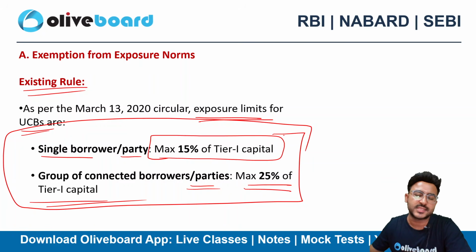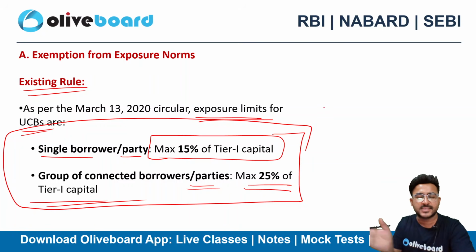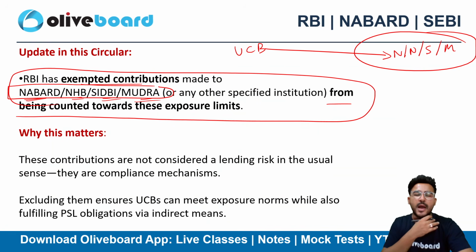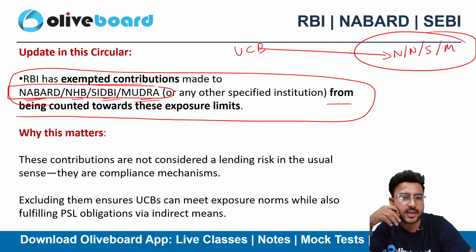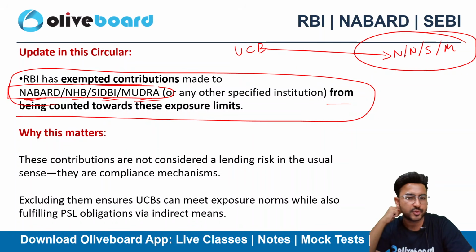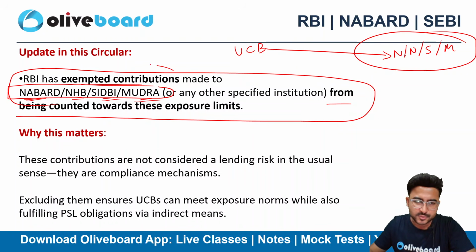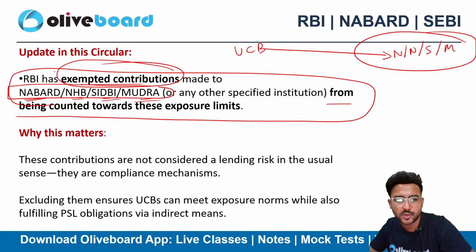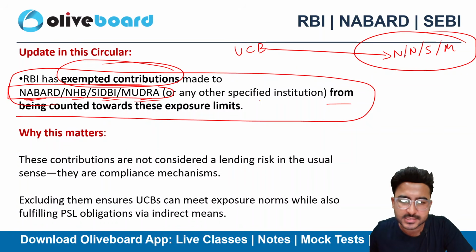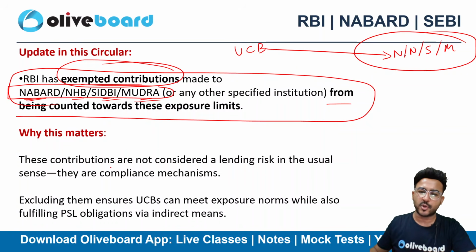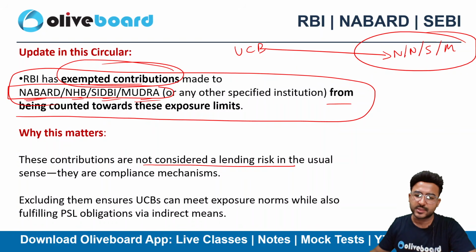This contribution is excluded from the limit. This limit is completely separate. In addition to this limit, you can contribute to NABARD, NHB, SIDBI, Mudra, right? So RBI has exempted this particular contribution made to these organizations from being counted towards these exposure limits. This is the criteria. These contributions are usually not considered as a lending risk in the usual sense. That's why RBI has excluded it.